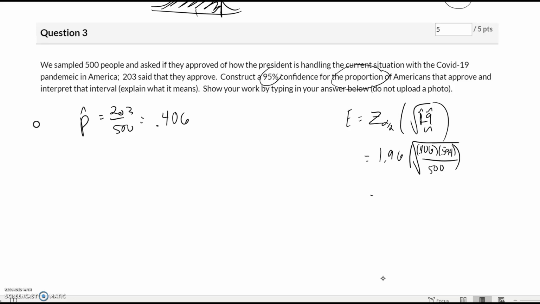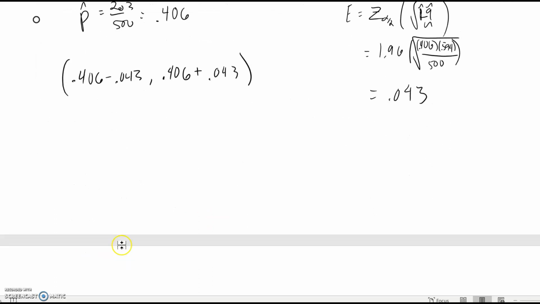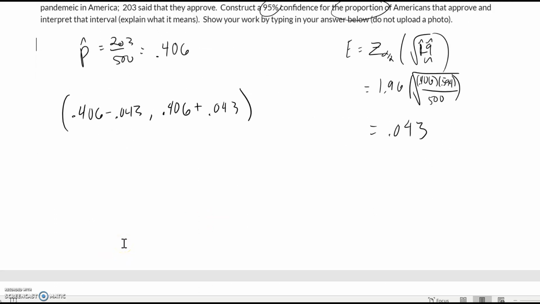This is about 0.043. Right? So my answer then is the center of my estimate, or my point estimate, plus 0.043, and the point estimate minus 0.043. And again, you might get something a little bit different based on how you rounded. But you should be close, shouldn't be that far off.